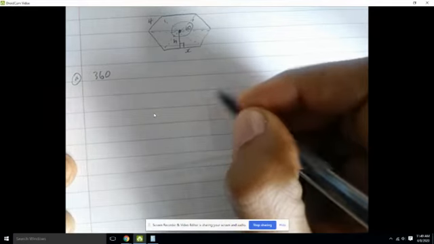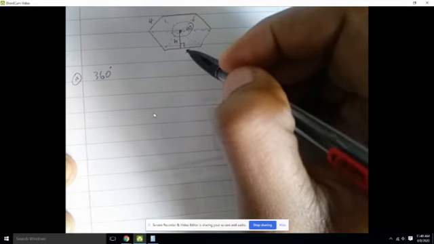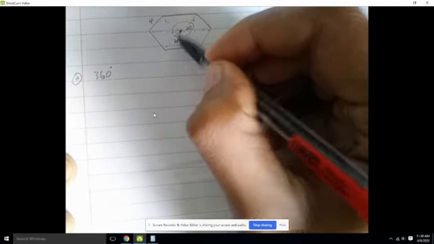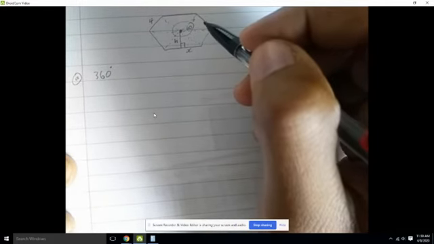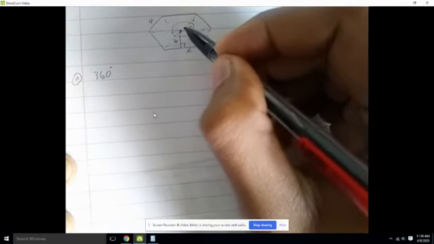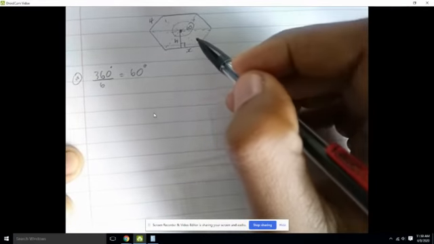So we have 360, and since this is a hexagon, there's 6 triangles, sorry. 1, 2, 3, 4, 5, 6. 6 equilateral triangles. So if that is the case, then we can divide this 360 by 6, and that's how we would get 60 degrees for just one of those big equilateral triangles.